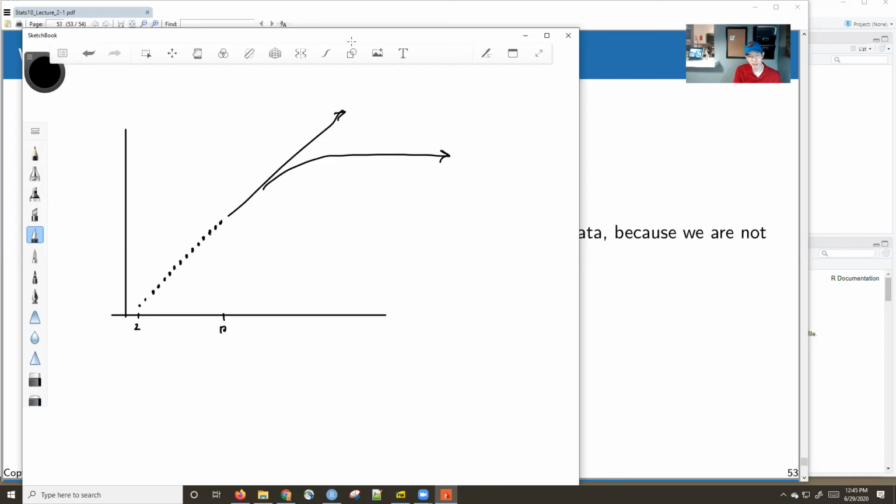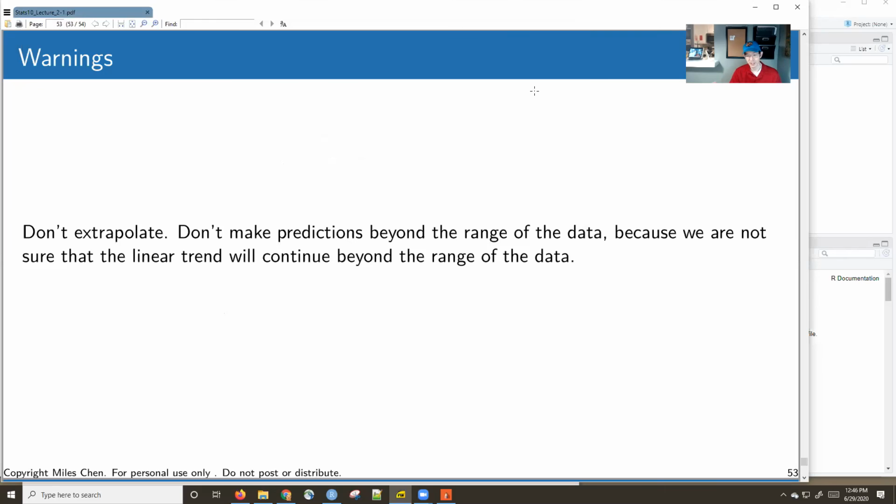Just because a linear relationship has existed for the past 8, 10, 20, 50 years does not necessarily mean it could not take off and rocket up. It could continue straight. Who knows what's going to happen, right? So anytime we're trying to predict the distant future, it's very dangerous, because just because a relationship has held for the last decade or so does not necessarily mean it's going to continue into the future.